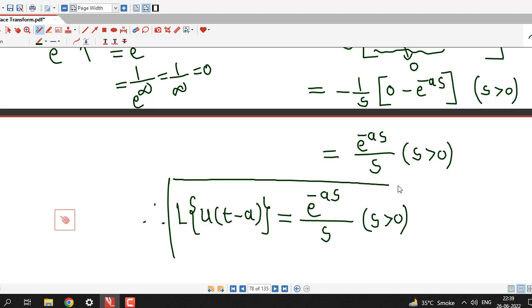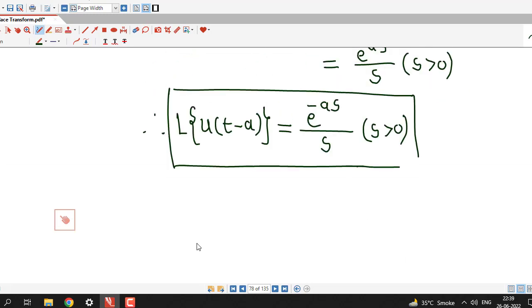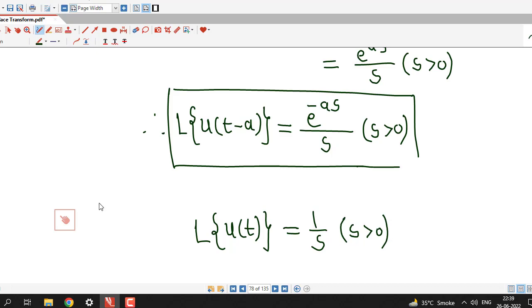And we will remember this formula for the Laplace transform of the unit step function. So remember this formula, and if I have a equal to 0, I will have the Laplace transform of u(t) equal to 1 by s, provided s is positive.